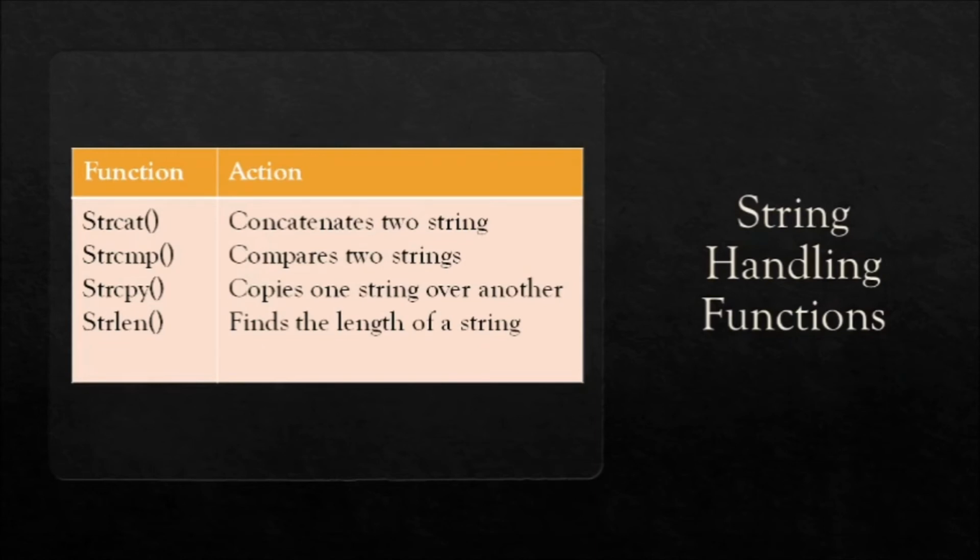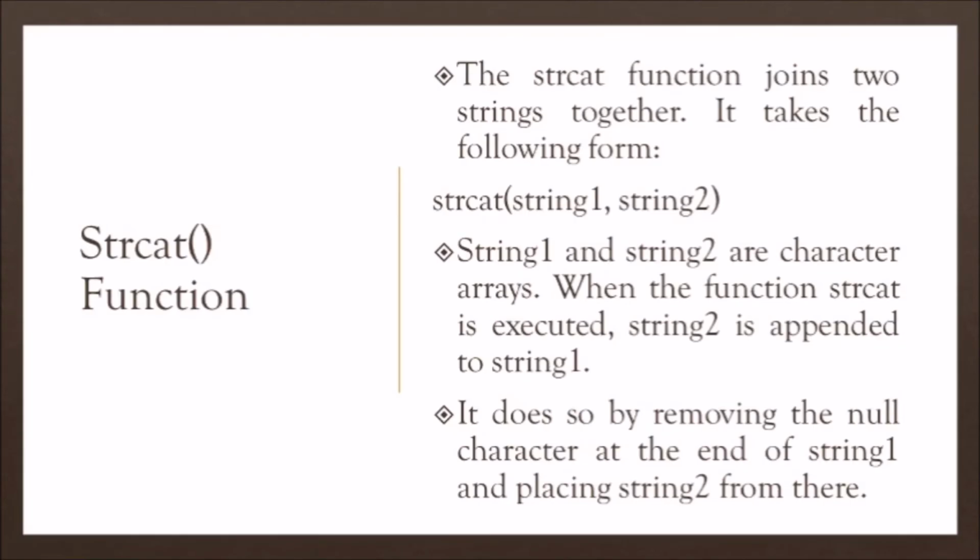So let us discuss them one by one. The first is the strcat function. The strcat function joins two strings together. It takes the following form: strcat is the function name, then in brackets string1 comma string2. Now string1 and string2 are character arrays.